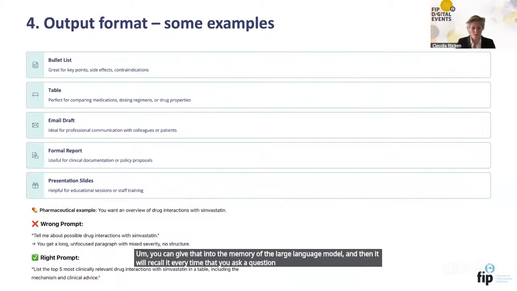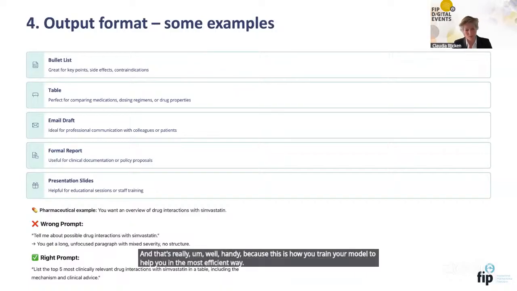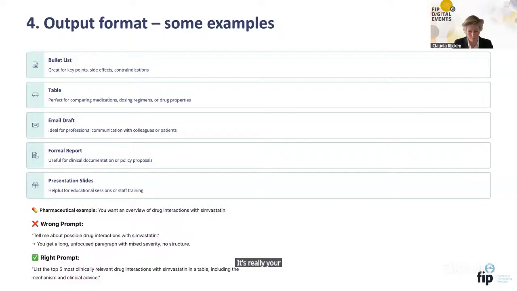It will always recall, this is how my owner wants to have the output formulated. And that's really handy, because this is how you train your model to help you in the most efficient way. It's really your assistant then.